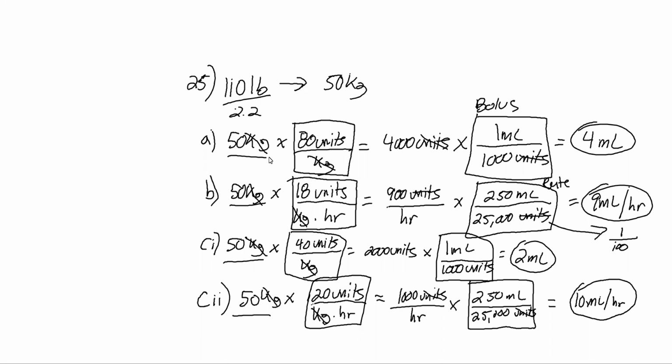And if you need confirmation on your answers, just let me know, and I can give you that. You can even email your weight that you started with, and then just to make sure that you get the right answer. One thing I'll say is, when you have the patient's weight in kilograms, round to the nearest tenth.